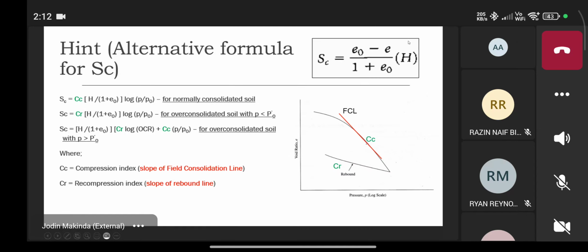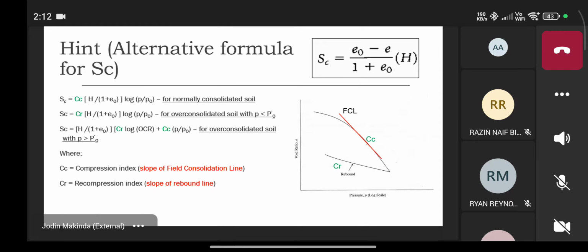So equation SC here is the most common equation that we can use to calculate the total settlement.